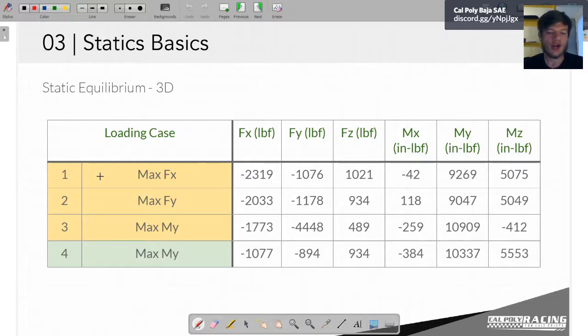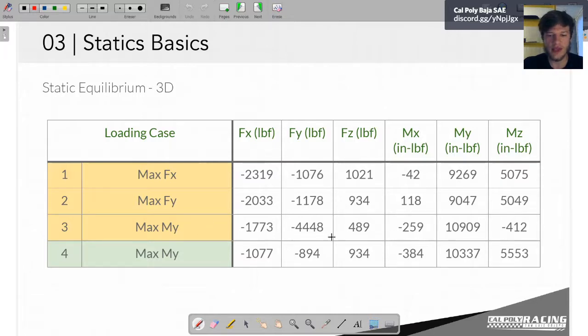So the reason that we chose these loading cases were they were the worst that we observed in different situations. So this one, number 1, happened to have the largest magnitude force in the x direction. This one in the y. And that doesn't mean that the force in the y was the largest. It just means this is the one where it was the worst.